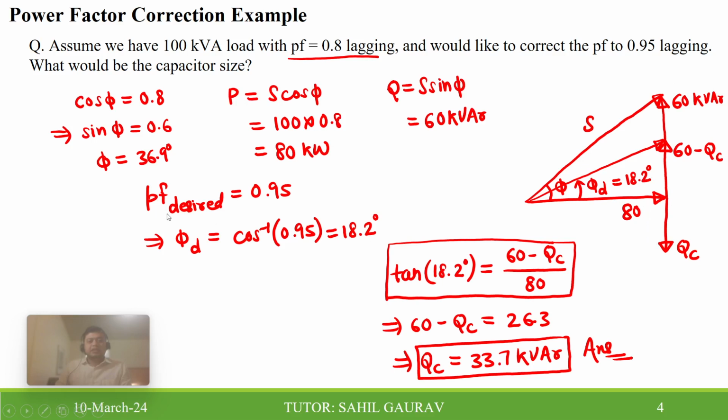The desired power factor is 0.95, therefore the power factor angle will become 18.2 degrees. Use this trigonometric expression: tan 18.2 degrees equals 60 minus QC divided by 80. So you will get the capacity of the capacitor bank, and that comes to 33.7 kVAr.